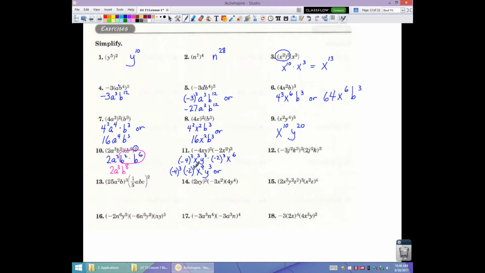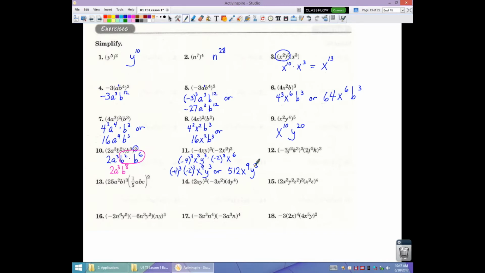Negative 2 to the 3rd is negative 8. So when I multiply negative 64 times negative 8, that would be positive, let's see, 64 times 8, 512 x to the 9th, y to the 3rd.